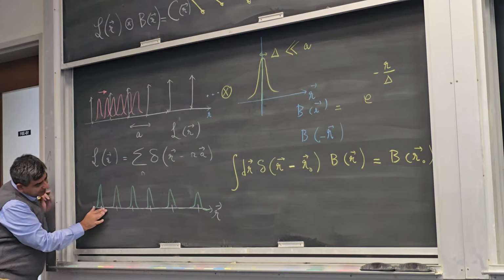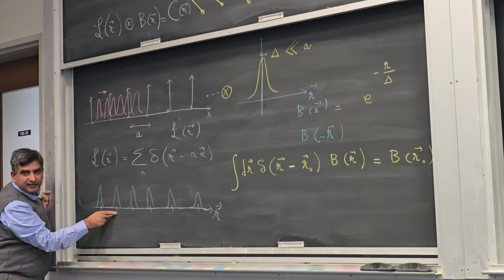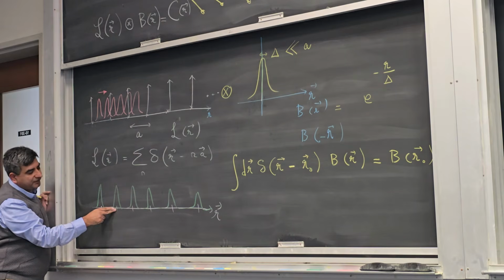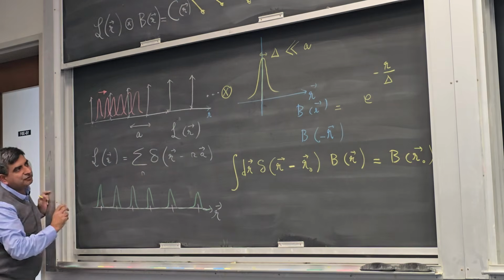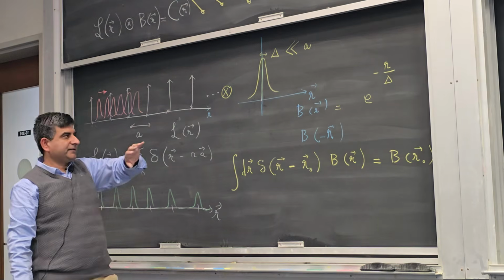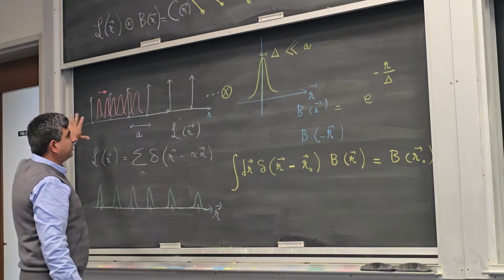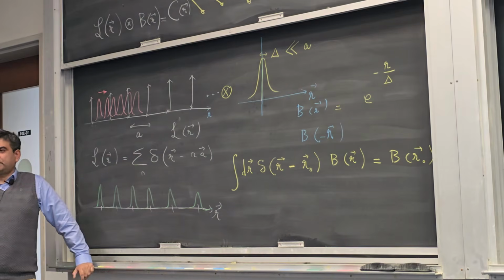Most of the time it's 0, but when this Gaussian function hits the non-zero part of the lattice function, it picks up a non-zero value. So the impact of convolution is to take this motif and repeat it along the lattice function.